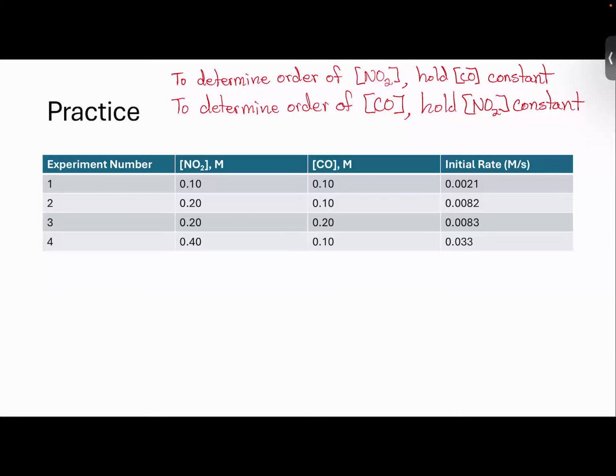So what does that mean? Okay, we have experiment numbers here. Again, if I want the nitrogen dioxide order, I have to hold the carbon monoxide constant. The carbon monoxide is constant in experiment 1 and 2.